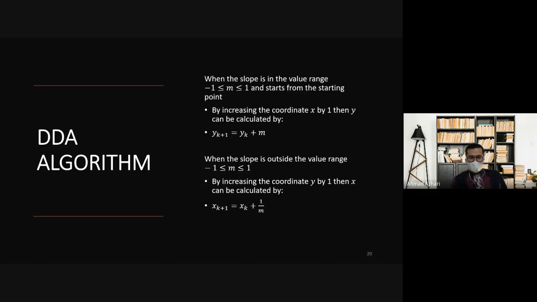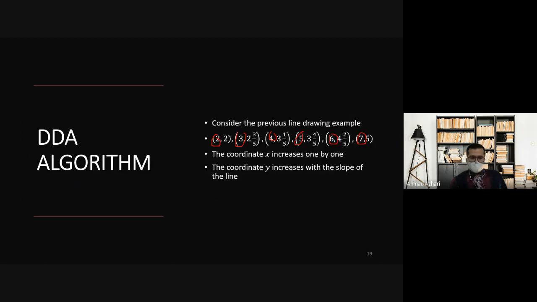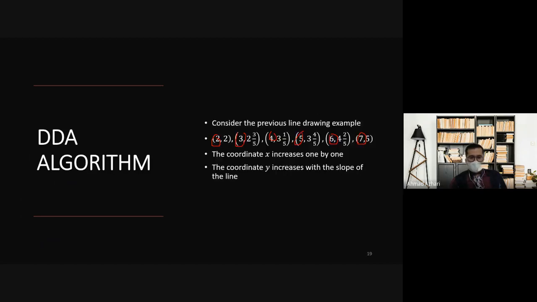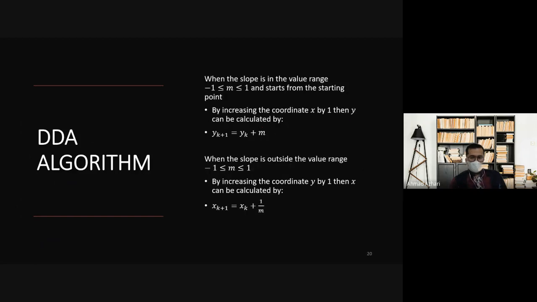And y, you can calculate using the previous y plus m: 2 plus 4, 3 divided by 5, and you can see you get this point here, 2 and 3 divided by 5.